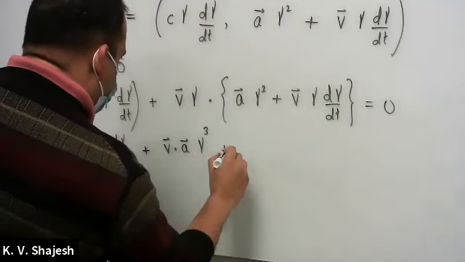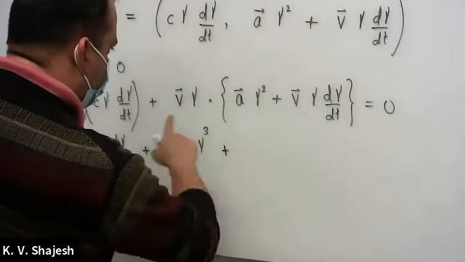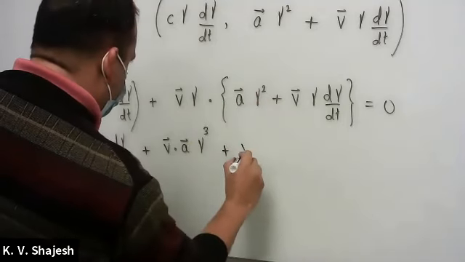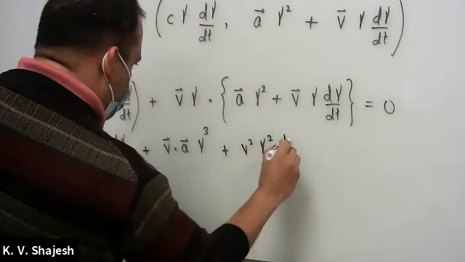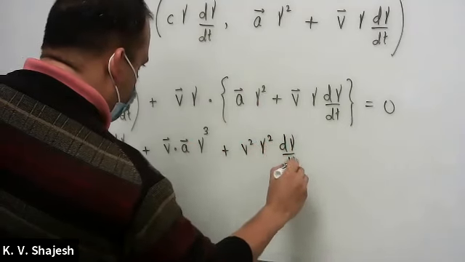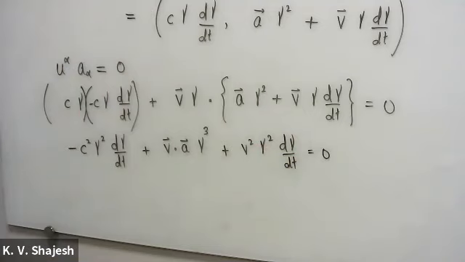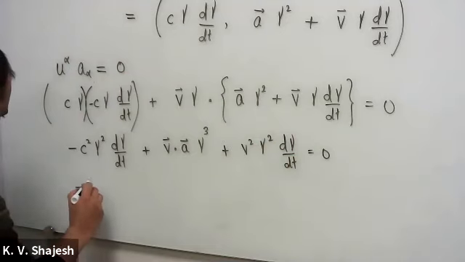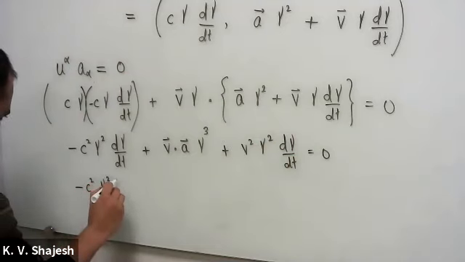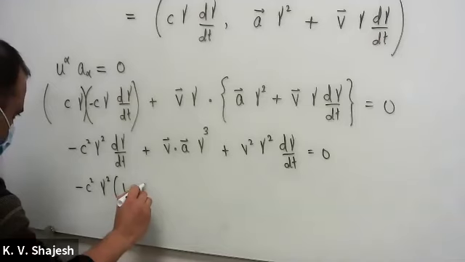Plus, this is v dotted with v, those are the vectors, so that's v square, gamma square, and d gamma over dt is equal to 0. So that tells me that minus c square, gamma square, 1 minus beta square, right?